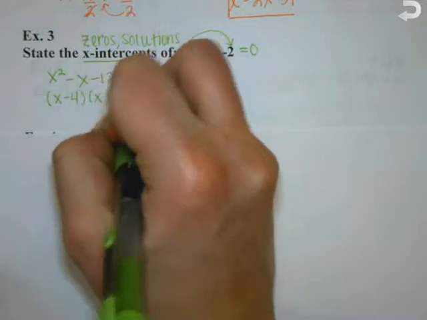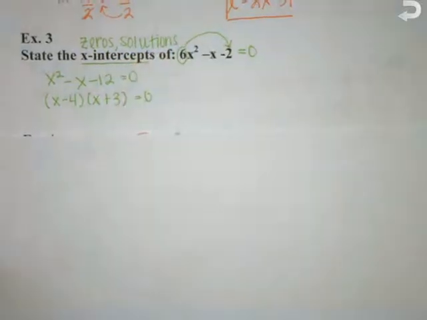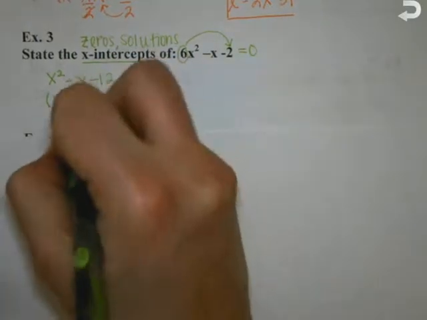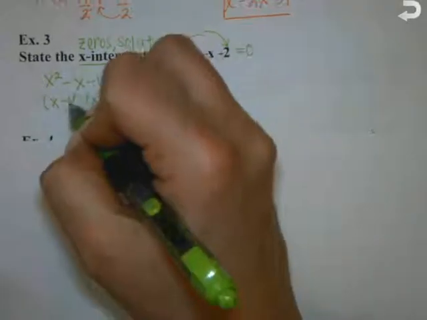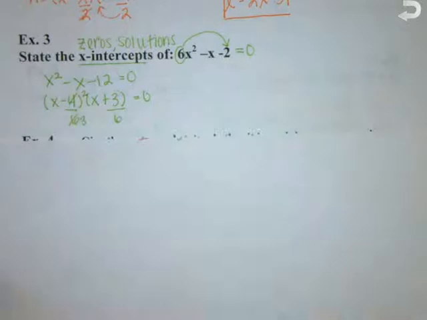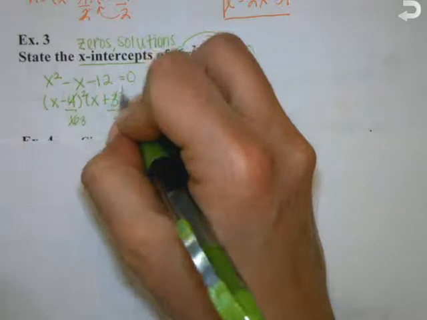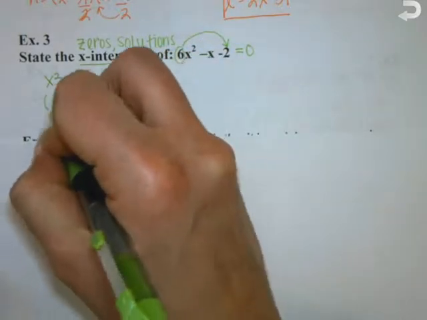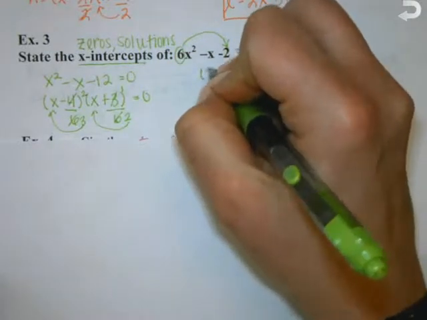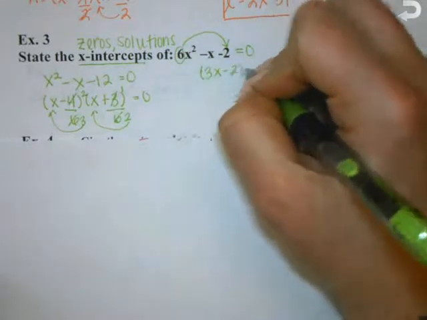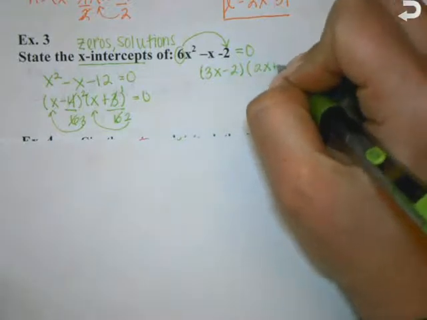Remember, all of that's equal to 0. Divide by 6. So that reduces by 2 to 2 and 3, and by 3 to 1 and 2. So we have 3x minus 2 times 2x plus 1 equals 0.